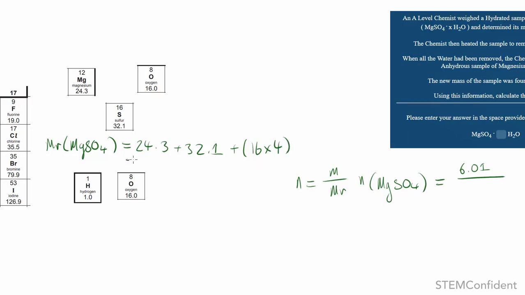If you work that out, that gives you the molar mass of the MgSO₄, which is 120.4.